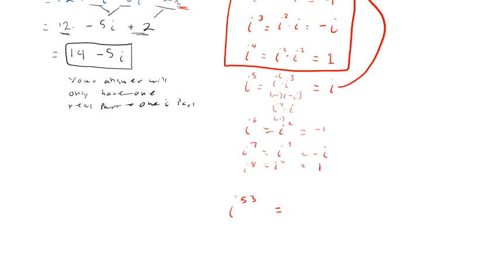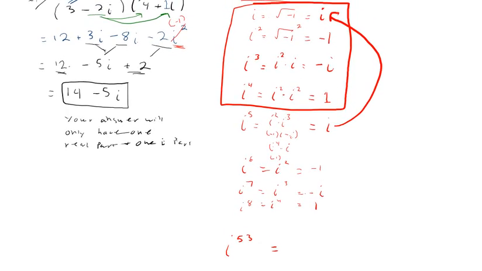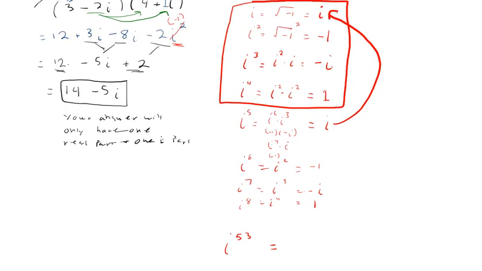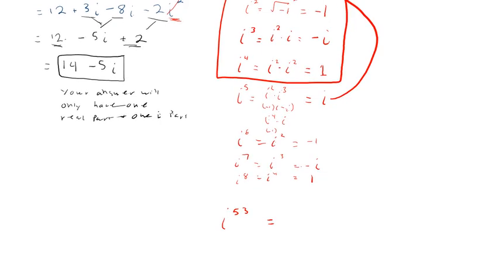Kermit thinks it's -i. How do we tell? Which of our pattern is i to the 53rd power going to be equal to? Where does it fall in our pattern? Well, I want to know, is it the same as i cubed, same as i to the 4th, same as i squared?